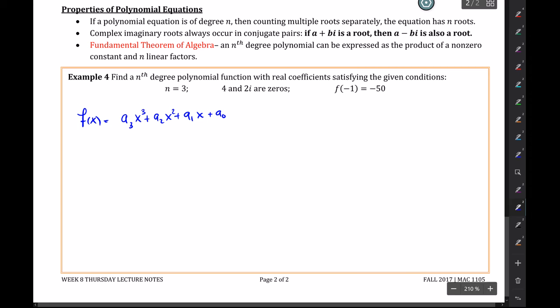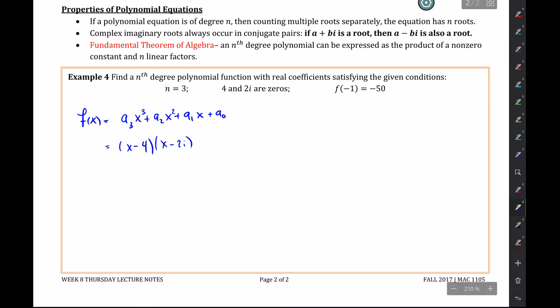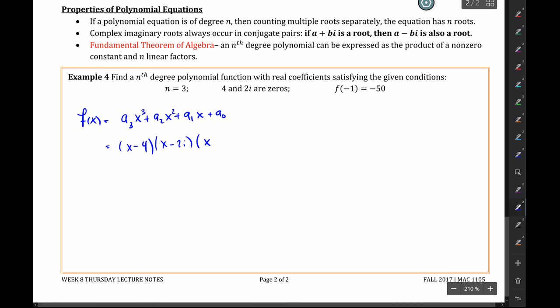But we also know that it should be written as, we know that x minus 4 is a linear factor, and we know that x minus 2i is a linear factor. And then if you remember that the complex conjugate of a complex number is also a zero, then we must have that x plus 2i is a zero as well.